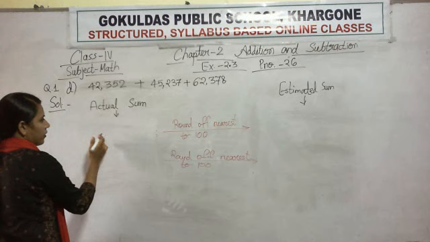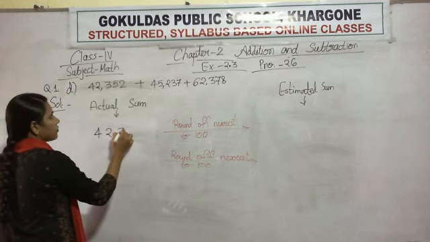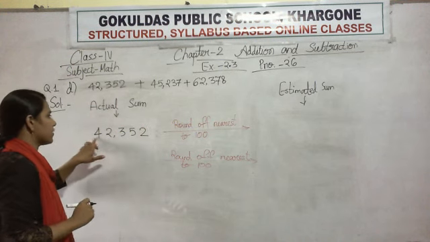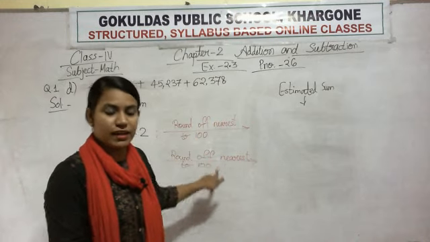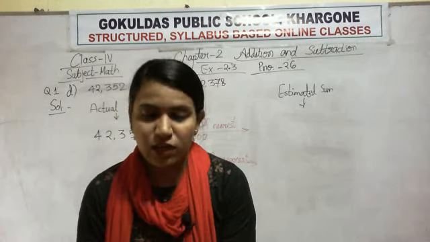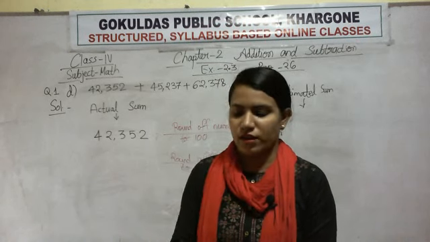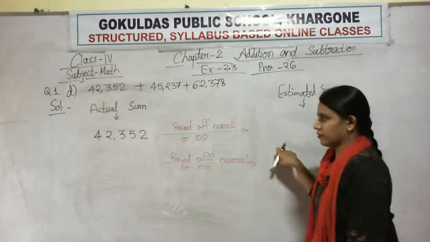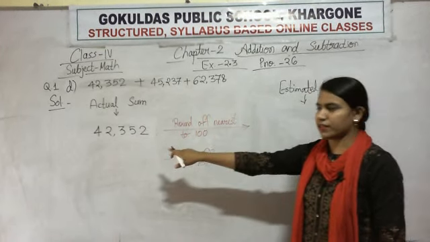So let's write the first addend, 42,352. Now round off this number to the nearest 100. Why are we rounding to the nearest 100? Because in the question they asked, that is why. For rounding off, you will check the tens digit.